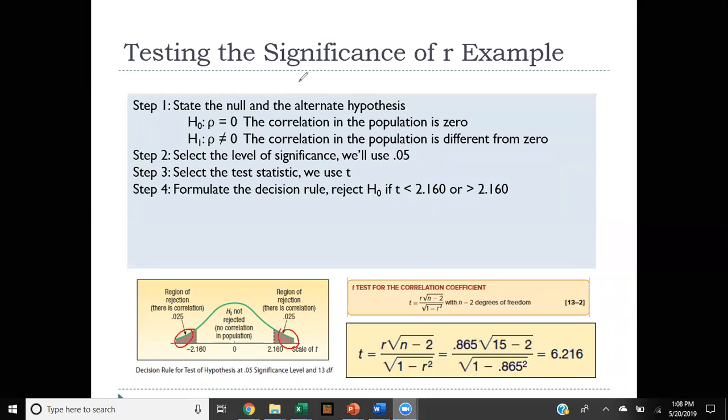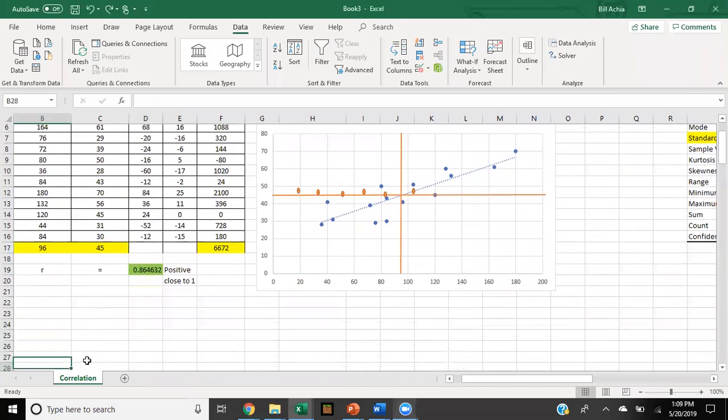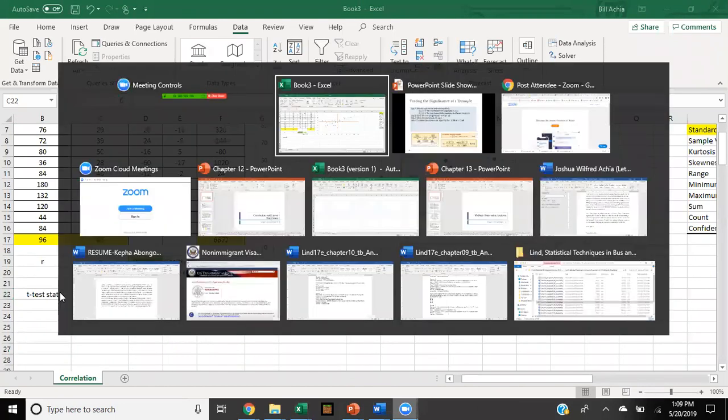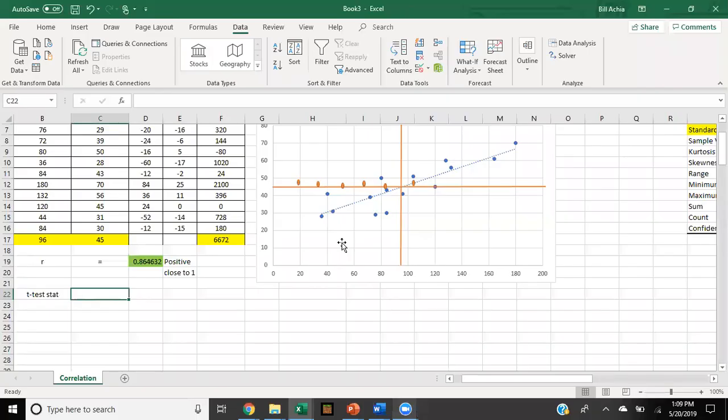Okay, all right, so let's look at our calculation of the t-test statistic. Let me go back to Excel and let's do it here. I'd rather you do everything on one page to make for less of a headache. So let's have our calculation of our t statistic here. The t-test is given by this formula that you have here, and I'm just going to replicate it here.